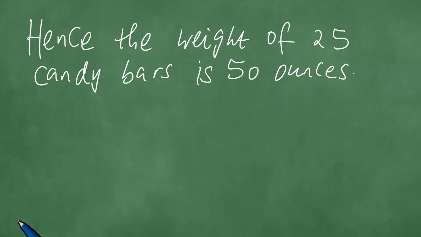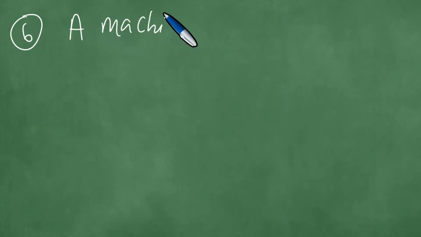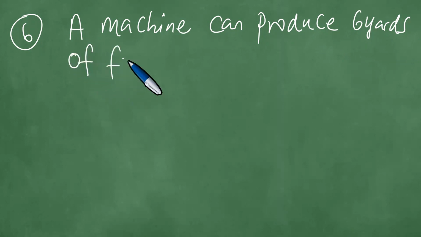Okay, the very last. Now a machine. That was 5, then we're looking at 6. We're looking at a machine that can produce 6 yards of fabric in 2 minutes.